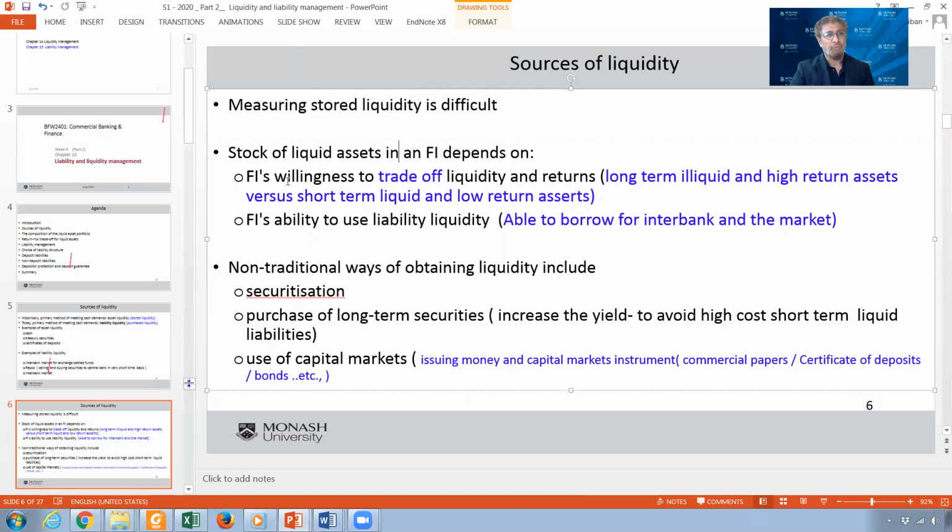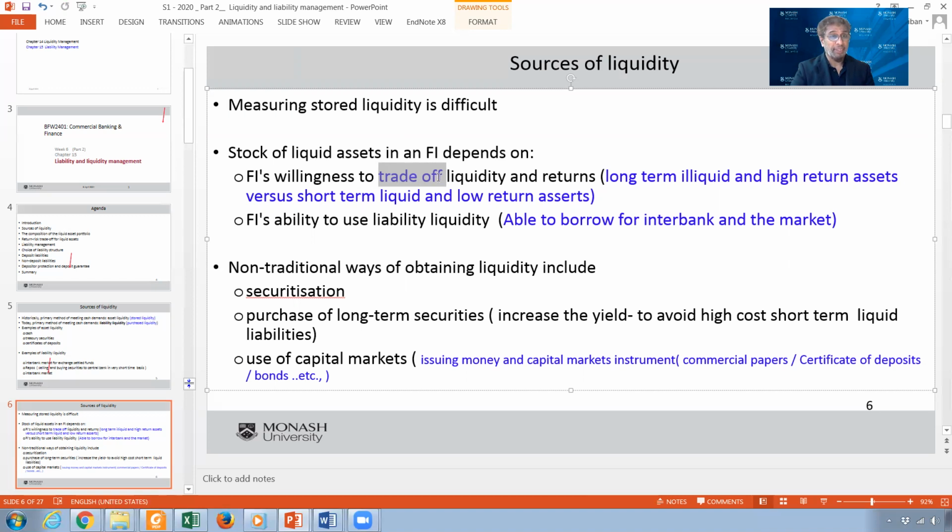Now, the stock of liquid assets in a financial institution depends on our willingness to trade off, which means either we can have more cash and more short-term securities, but that will be at the expense of the returns. Or we can have long-term illiquid assets, like housing loans and other business loans that will stay for 3 to 5 years, but they will give us 12% and 15%.